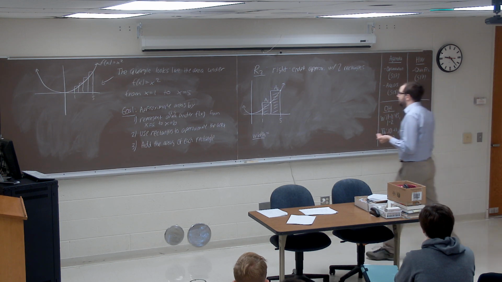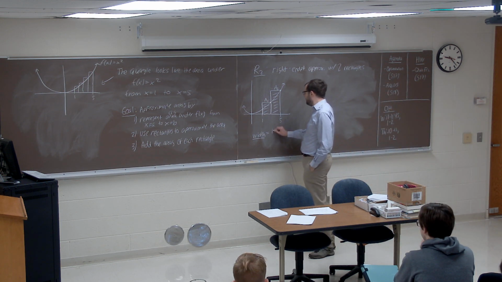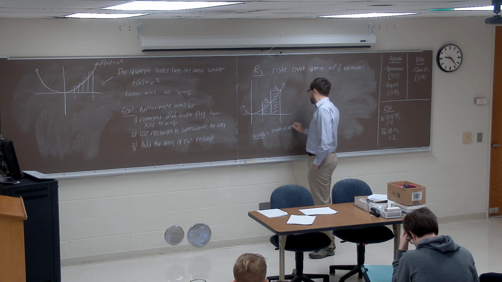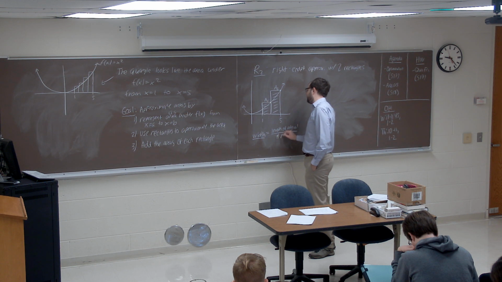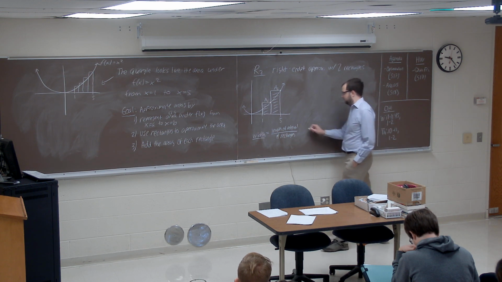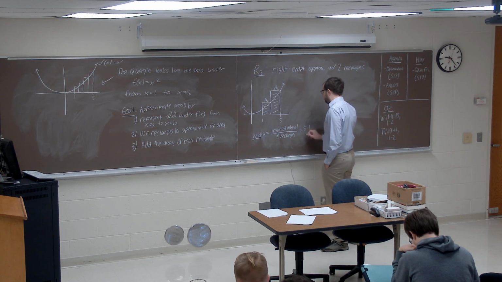Yeah, so the width of the rectangles is just going to be the length of the interval divided by the number of rectangles that we want to use to fill it up, which in this case, we have an interval of length 4. 5 minus 1 is 4.